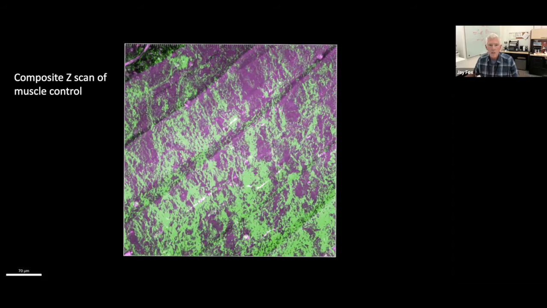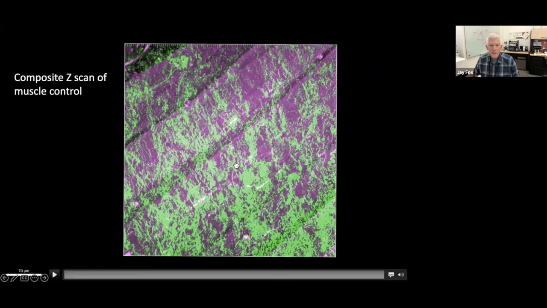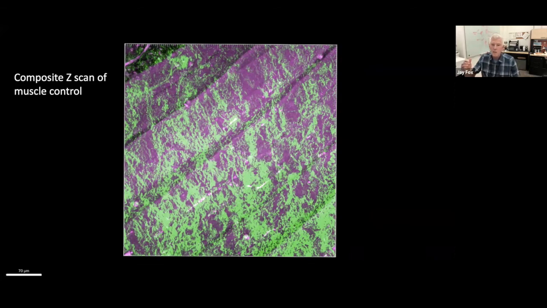You can see maybe some organization at a perpendicular angle of the collagen at this stage, but still that spidery sort of collagen, particularly as you look between the surface level and down below. We think one is more representative of the perimysium and the other of the endomysium.